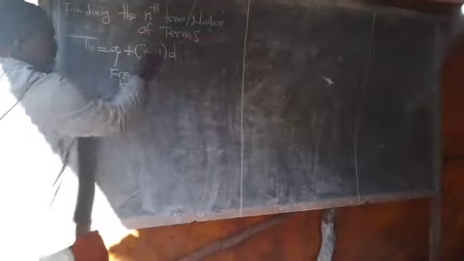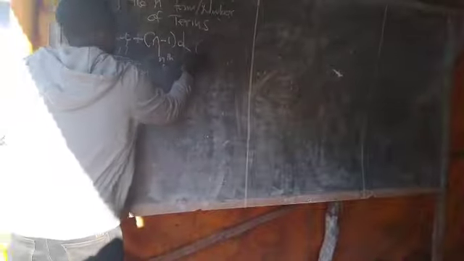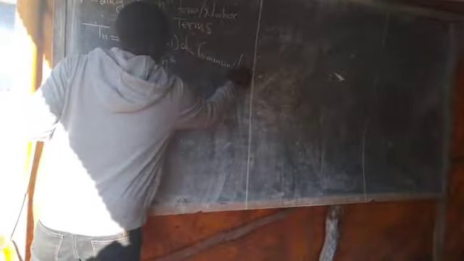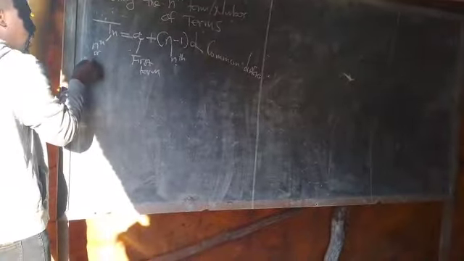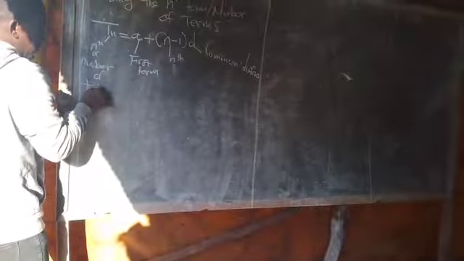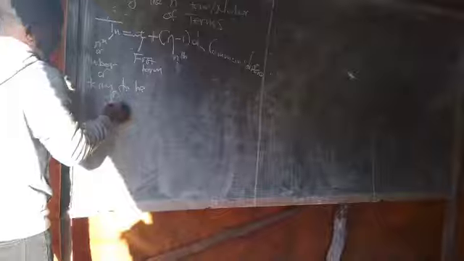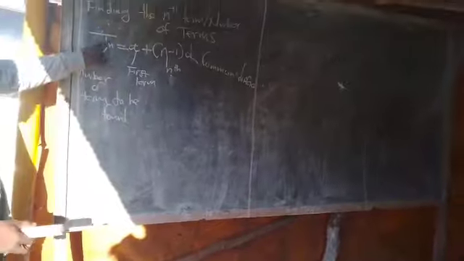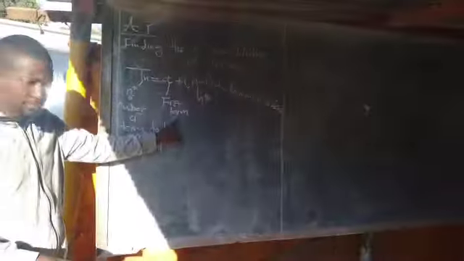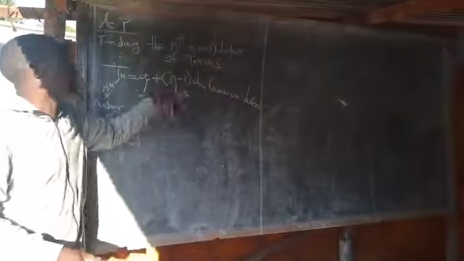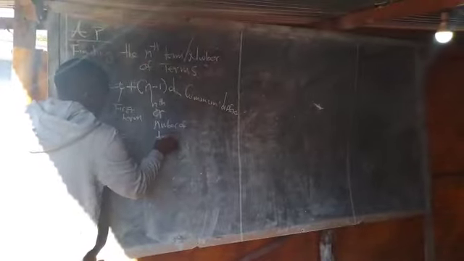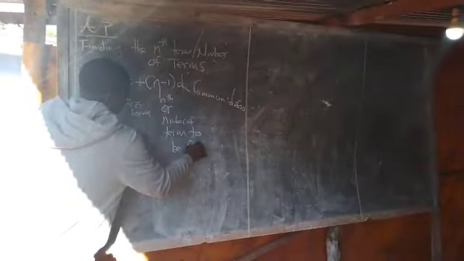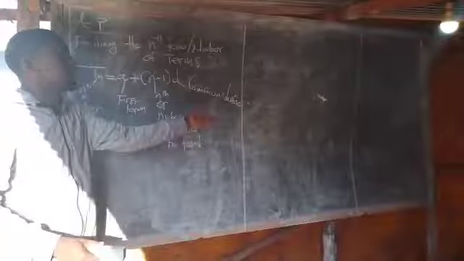Tn represents the nth term, or the number of terms to be found. Then D is the common difference. So Tn represents the nth term, A the first term, n the number of terms to be found, and D the common difference.